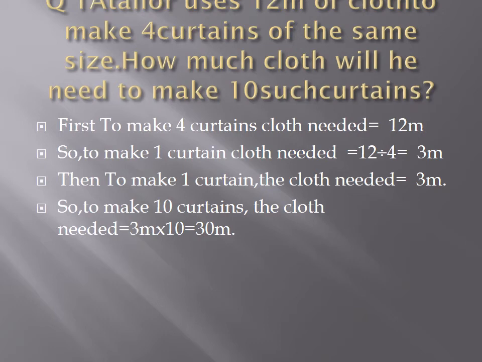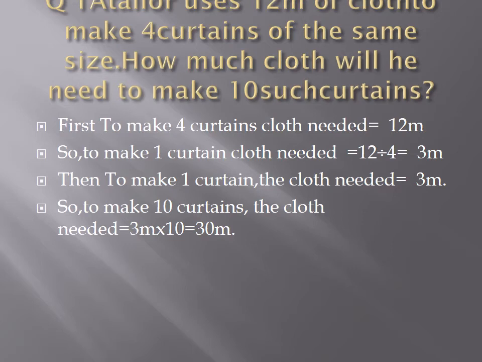Now, let us see one more example. A tailor uses 12 meters of cloth to make 4 curtains of the same size. How much cloth will he need to make 10 such curtains? First step, to make 4 curtains, cloth needed is equal to 12 meters. Always you have to write the steps.